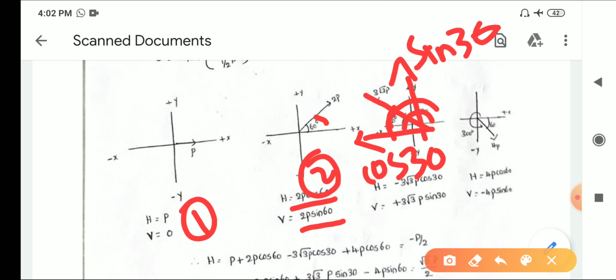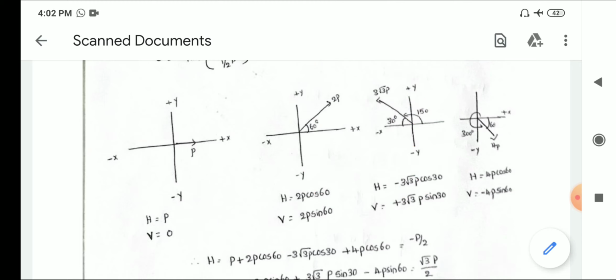Right. This becomes cos 30 because theta is here. And it is along negative x-axis. That's why it becomes minus cos 30. It is positive y only. That's why it is plus sin 30. Do you understand? See carefully. I am not taking this angle. I am taking this angle.